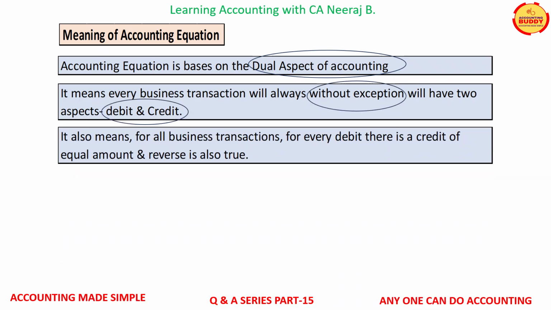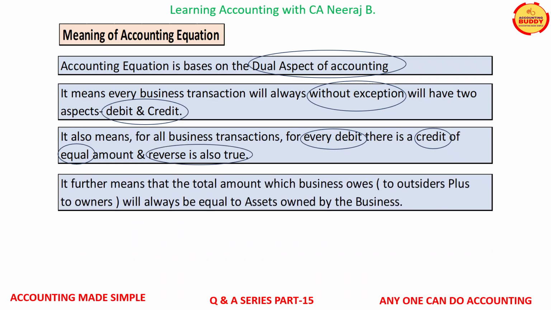It also means that for all business transactions, for every debit there is a credit of equal amount, and for every credit there is a debit of equal amount. It also means that the total amount which the business owes to the outsiders plus the owners will always be equal to the assets owned by the business.